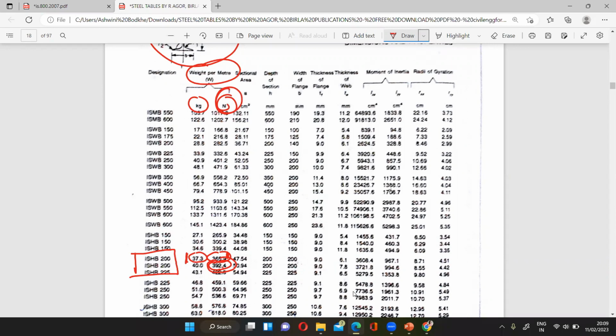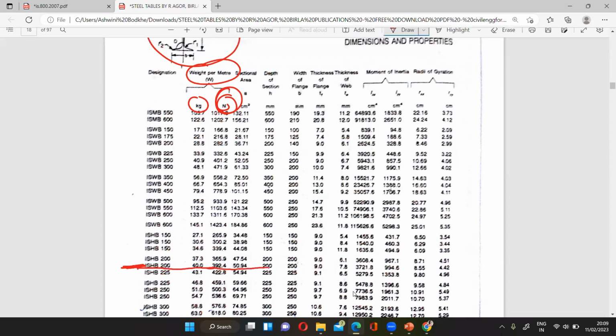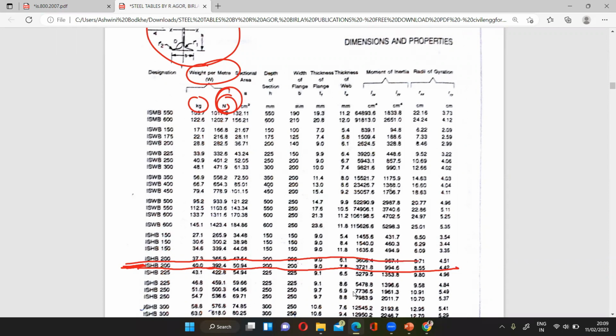That means we have to refer to the second ISHB 200, this one, whose weight is 392.4. Next is the thickness of the flange.